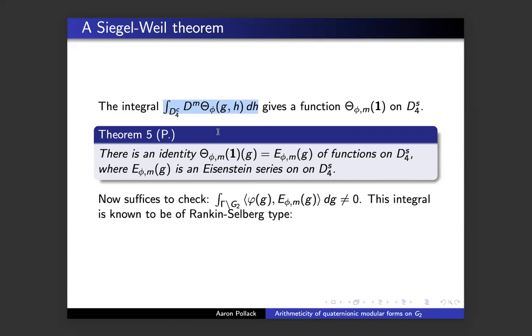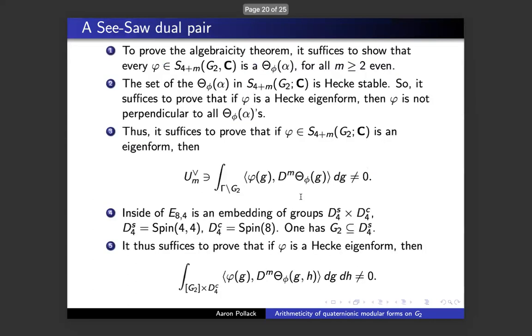So finally, and this is the whole point of going down this route, because one can prove the Siegel-Weil theorem, one can finally evaluate the inner product of phi, the cusp form, against this Eisenstein series. So recall, I'm trying to prove that this integral is not zero, where I have the cusp form phi and this derivative of the theta function. It suffices to prove that this double integral is not zero.